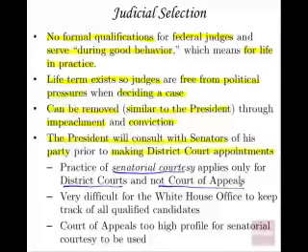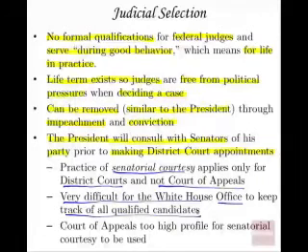That's the president's call. Again, it's very difficult for the White House office to keep track of all the qualified candidates. So if anything, this is a way of managing the workload for the White House staff, basically allowing the home state senator, who probably has more knowledge of the talent of the justices in the area.